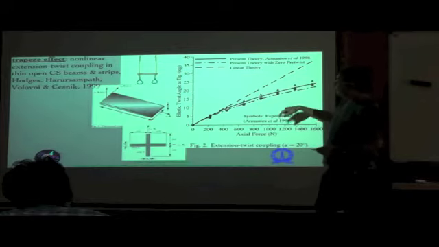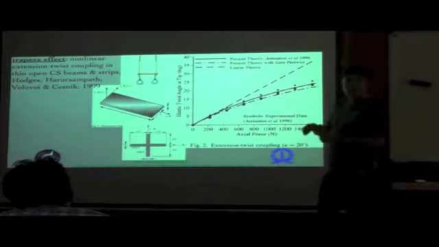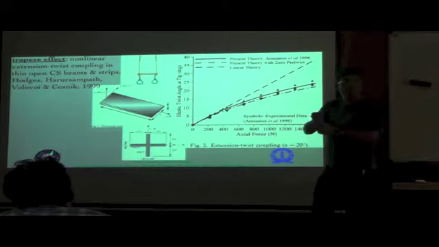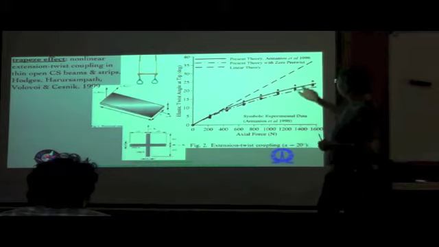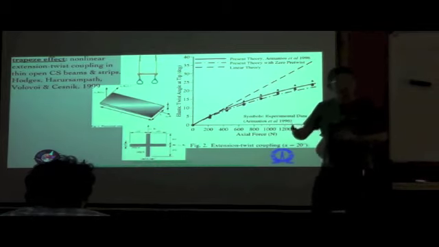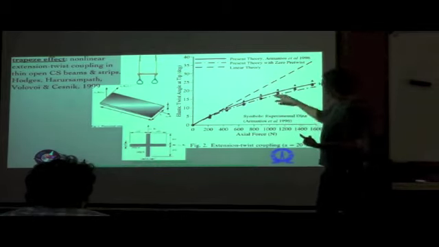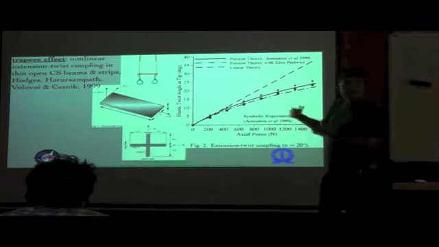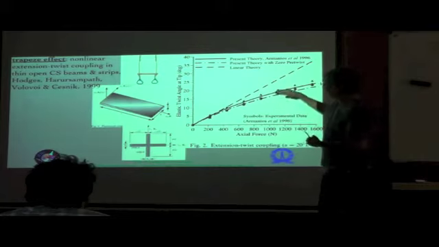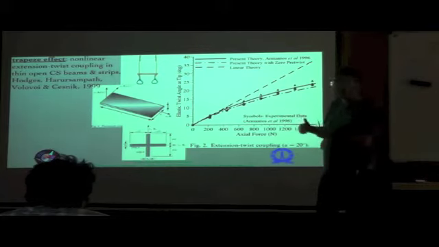Again, this particular experiment was done on specimens which had a pre-twist, and therefore you see the result for the one which considers the pre-twist in the asymptotical theory is much better than the one which does not consider the pre-twist. And as you increase the pre-twist angle, this difference becomes larger and larger.